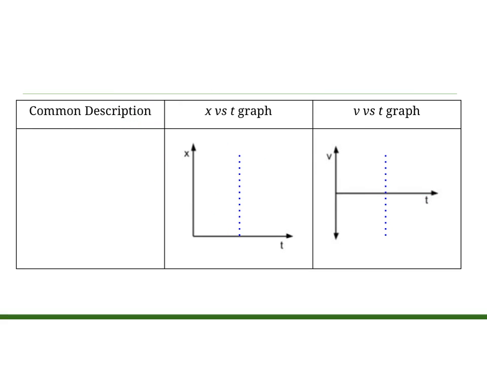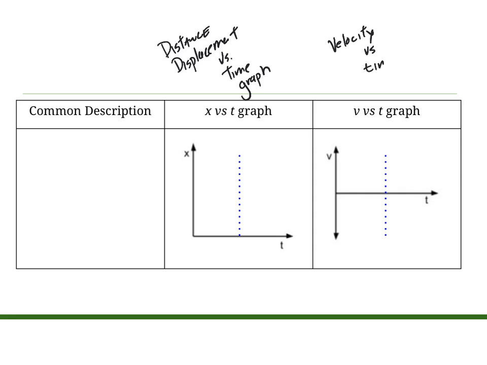So now I've got one more example. And in this example, first of all, we're going to say that this is a distance or displacement versus time graph. This is my velocity versus time graph.